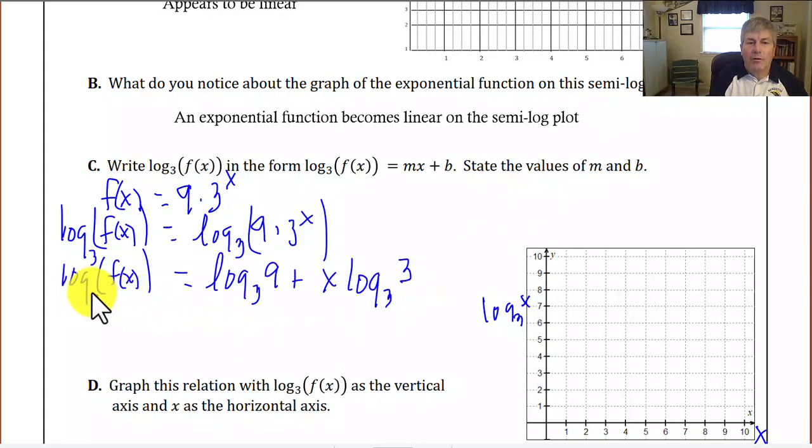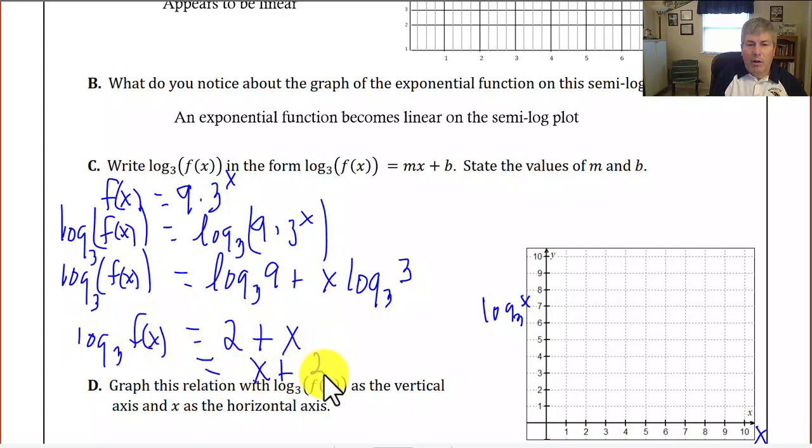So after I've logged both sides, I have log base 3 of f of x equals log base 3 of 9 plus x log base 3 of 3. Simplifying, log base 3 of 9 is 2, log base 3 of 3 is 1, and we get y equals 2 plus x, or x plus 2.